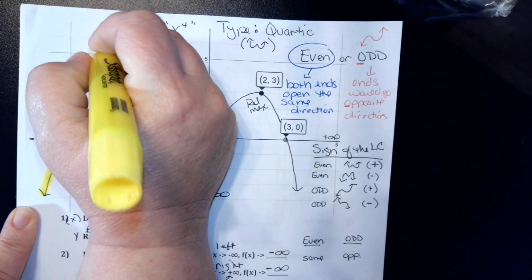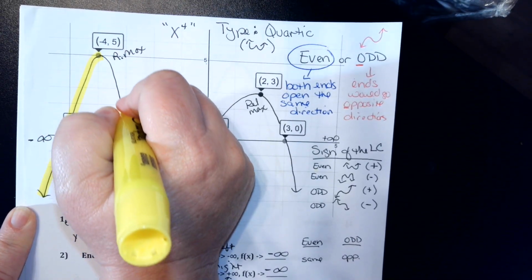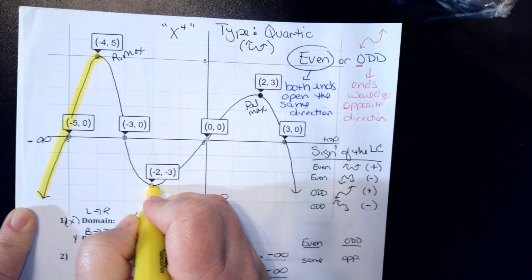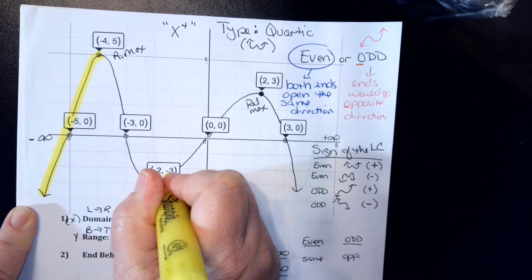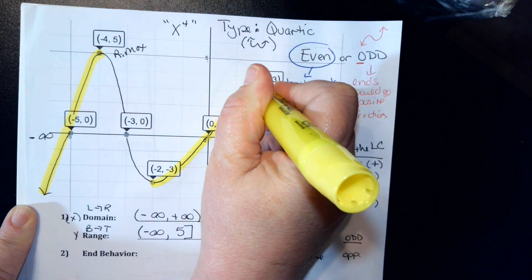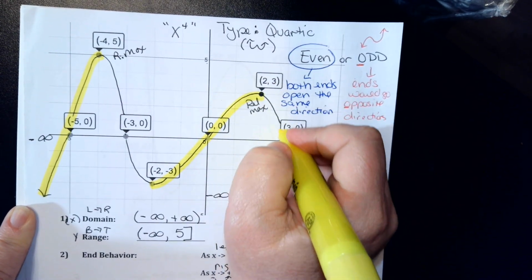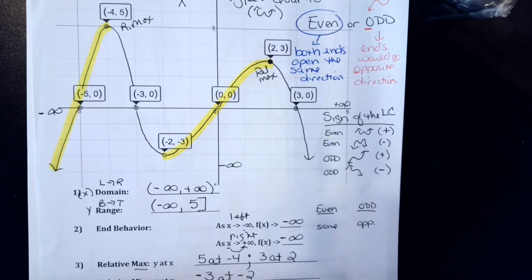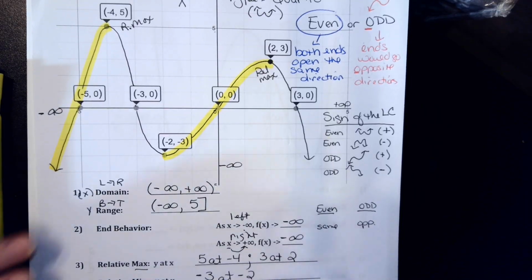We hit that vertex and we start walking down. So this piece is not an interval of increase. But we hit this vertex and we start walking up. So we got another interval of increase. We hit that vertex and we start walking down. So that's not an interval of increase. So we have 2 intervals of increase. What we're going to do is look at these and see where they begin and where they end.